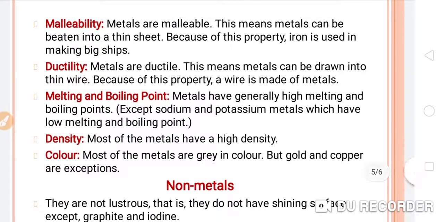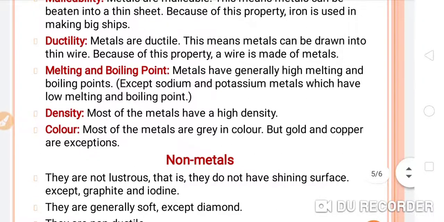Now next, ductility. Metals are ductile. This means metals can be drawn into thin wire. Because of this property, wire is made of metals, and the most ductile metal is gold. So this is a very important point, that is ductility. Now melting and boiling point.